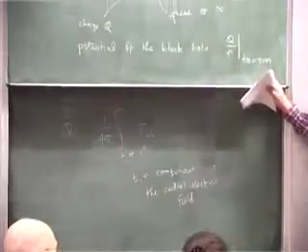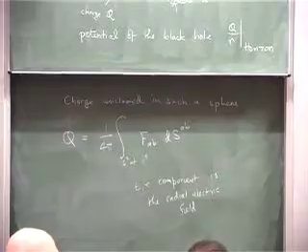That's very easy for the Reissner-Nordström metric, but a bit more unpleasant for the Kerr metric.